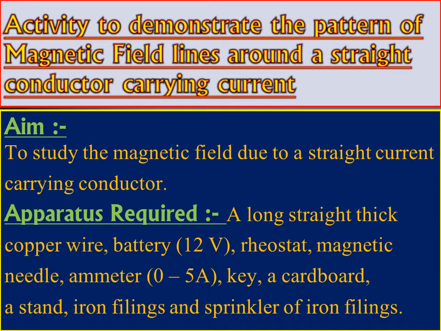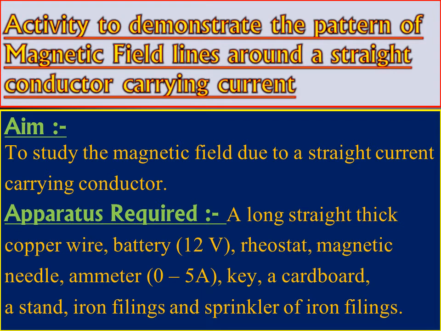So we need a long, straight, thick copper wire, that is our conductor. Then we need a battery, that means a source, a 12-volt battery we are selecting here. Then a rheostat or a variable resistor. Then a magnetic needle to note down the direction of magnetic field.